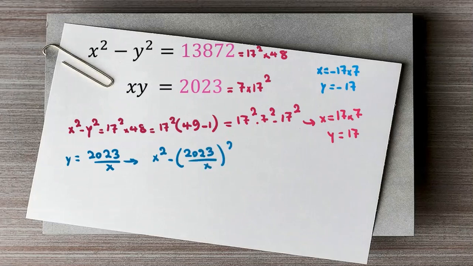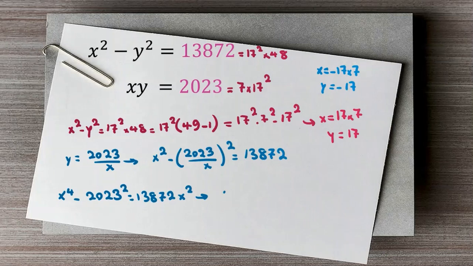If we replace in the first equation, it will be x squared minus (2023 over x) squared equal to 13,872. If we multiply by x squared, it will be x to the 4 minus 2023 squared equal to 13,872 x squared. Then x to the 4 minus 13,872 times x squared minus 2023 squared equal to 0.